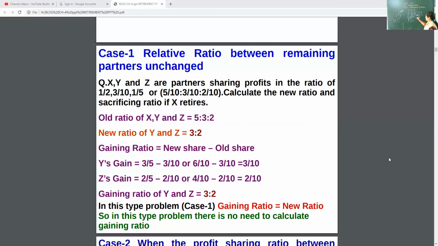The gaining ratio is equal to new minus old. For Y, the new share is 3 by 5. Old is 3 by 10.